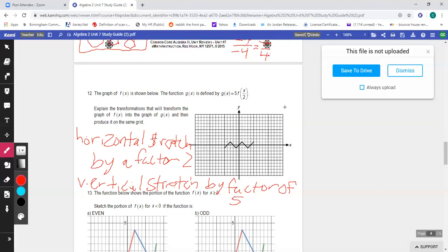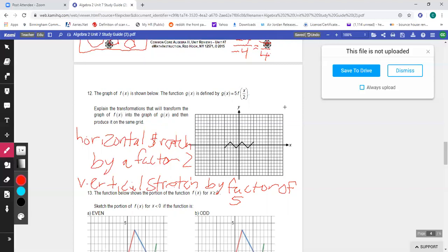Okay. So that means each point is going to be multiplied by 5 in the x direction. I'm sorry, multiplied by 2 in the x direction, and then multiplied by 5 in the vertical direction. What do I mean by that? Let me just take one point here.